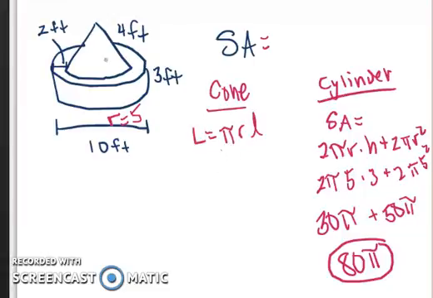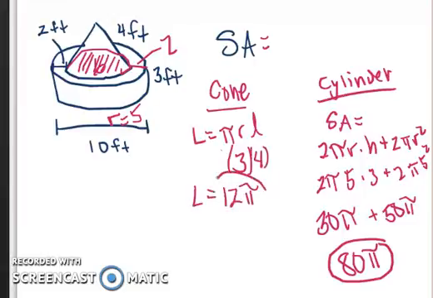The reason I'm not doing the base circle is that this circle right here is technically getting overlapped, so I'm not going to count it. I'm actually going to have to find the circle and subtract it at the very end. So pi r l, well, if this is 2, this is 2 over here, so that takes 4 away from 8, which leaves me with 6, which means my radius is 3, and my slant height is already given to me as 4. So my lateral area is 12 pi.